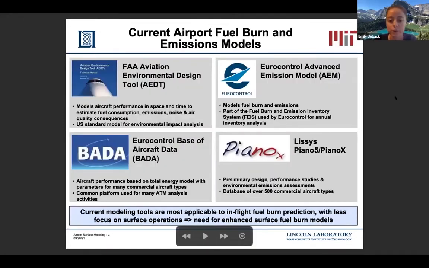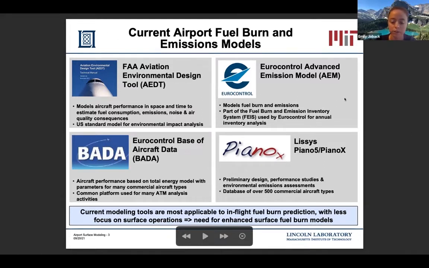So there are many commercial and government tools available that predict fuel burn and emissions. I have a couple of the more widely utilized models listed on this slide. So the first is the FAA's Aviation Environmental Design Tool, or AEDT. This is the US standard model for environmental impact analysis. It models aircraft fuel burn, emissions and noise and effect on air quality. And similar to that is the EUROCONTROL Advanced Emissions Model, or AEM.